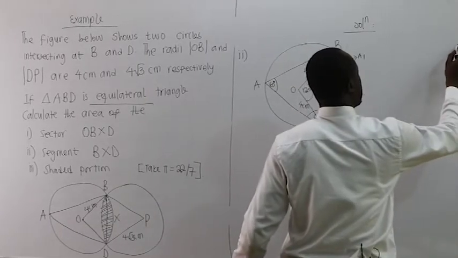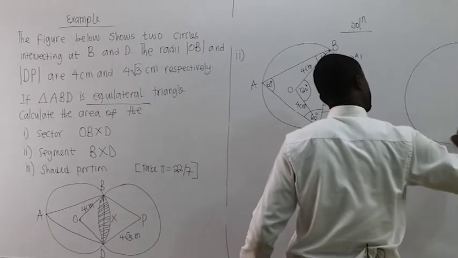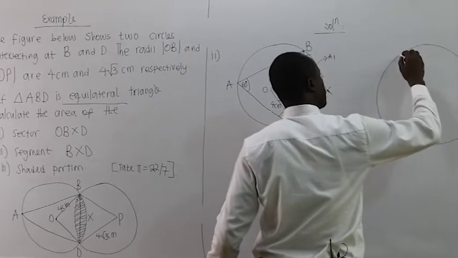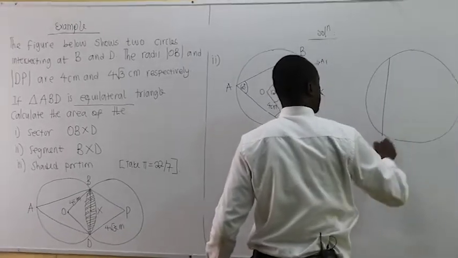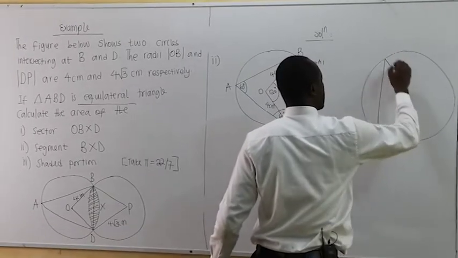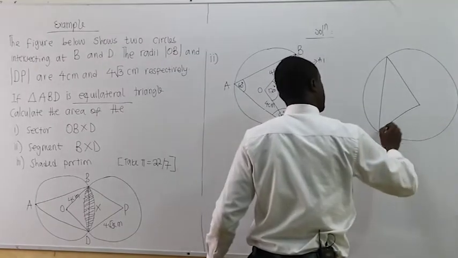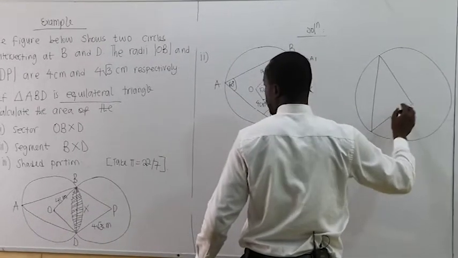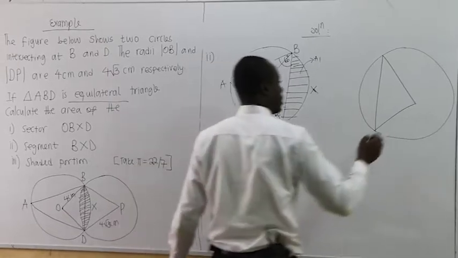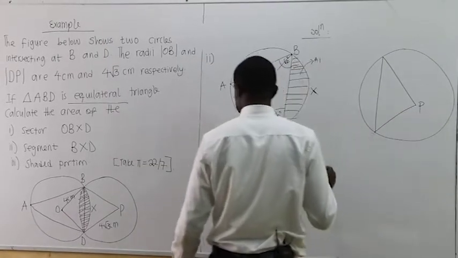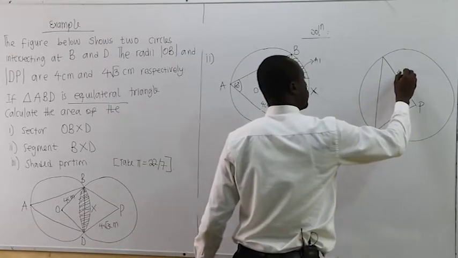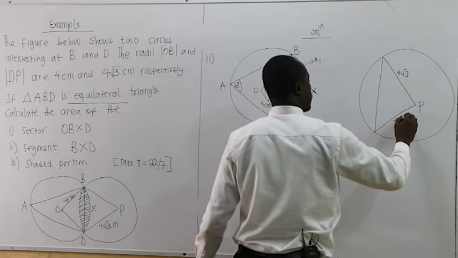Then let's consider the second circle, with the segment and center. In this case we don't know the angle here. There's no reference, but this is 4√3, and this is also 4√3.